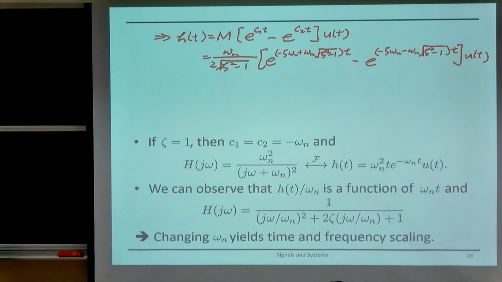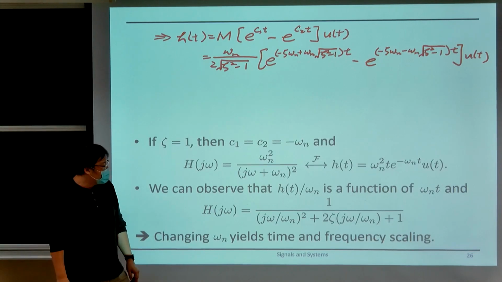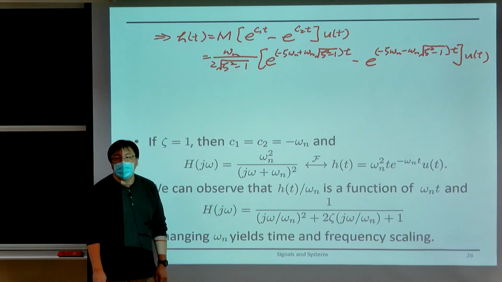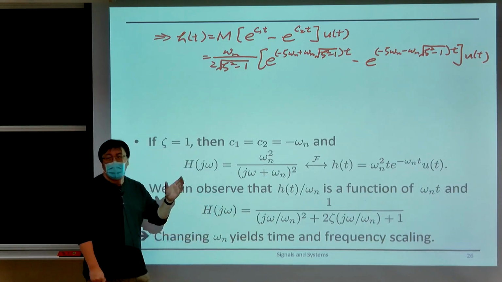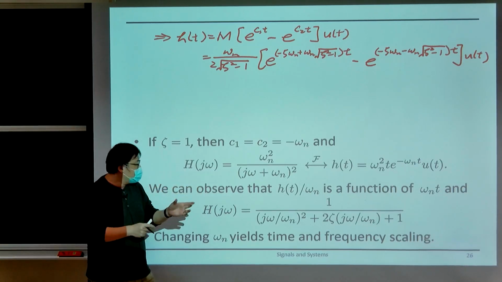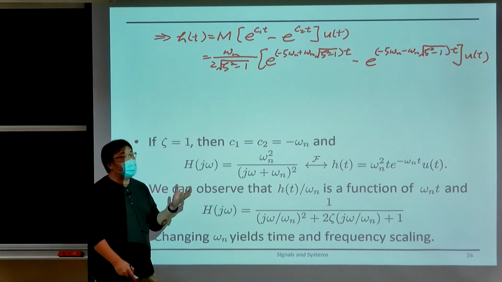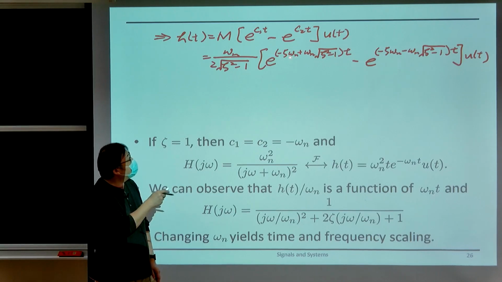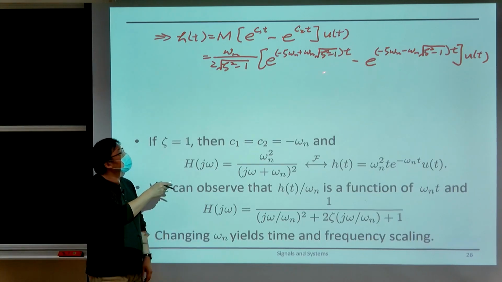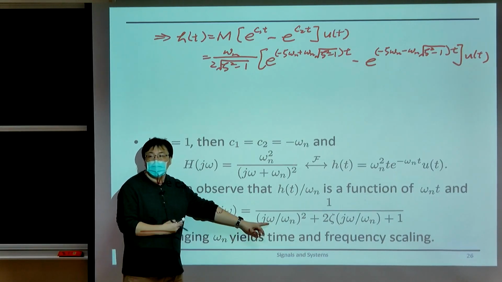Right? But if you look at the frequency response, which looks like this, it's actually a function of omega over omega n. So this shows that the time and the frequency domain has an opposite relationship with omega n, right? So in fact, if you increase omega n, then the time domain signal will actually vary faster with time, whereas the frequency domain will vary slower with omega.